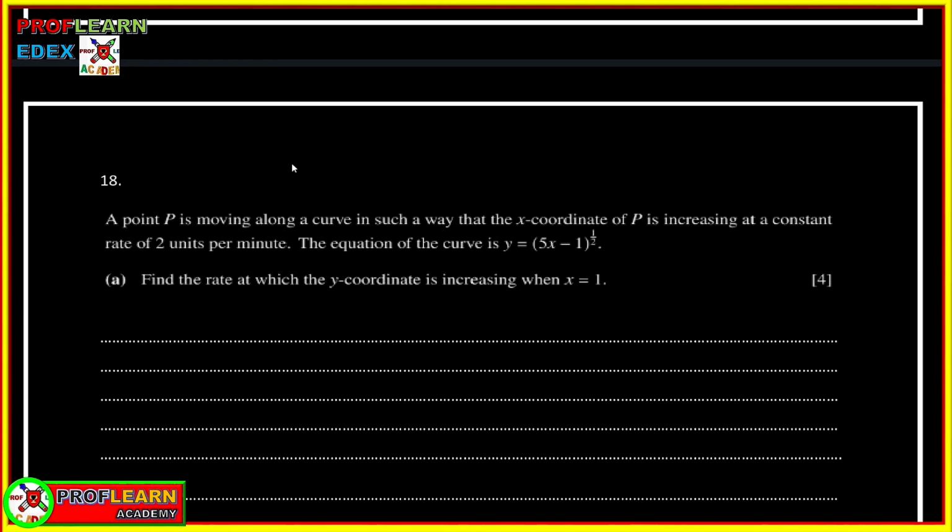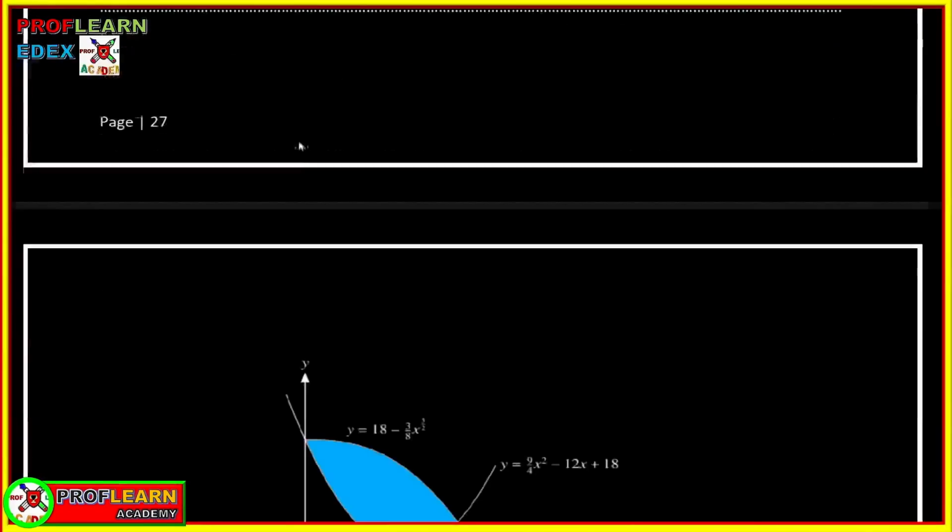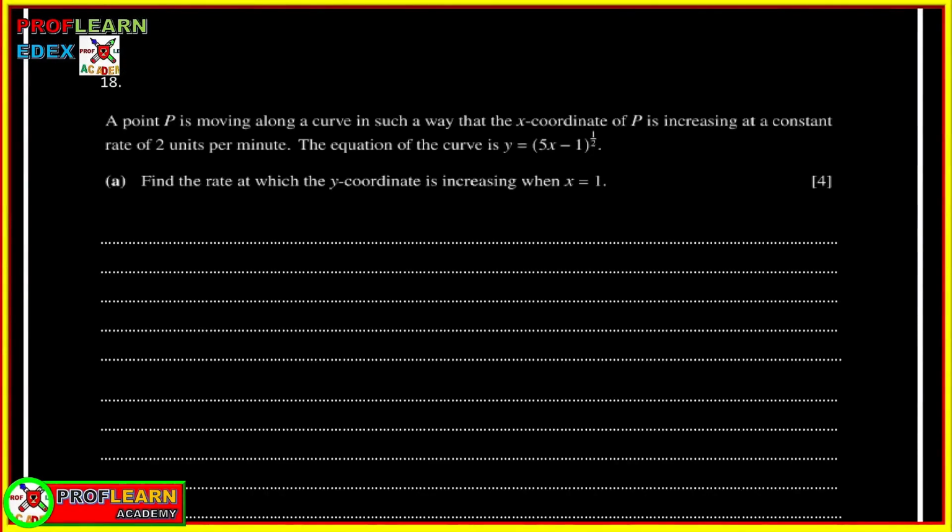So what is the first thing that we're going to do here? Let me just see what we are remaining with. We have some bit to complete. We are told that the x coordinate is increasing at a constant rate, so we can say dx/dt equals 2. That's the first information we have.